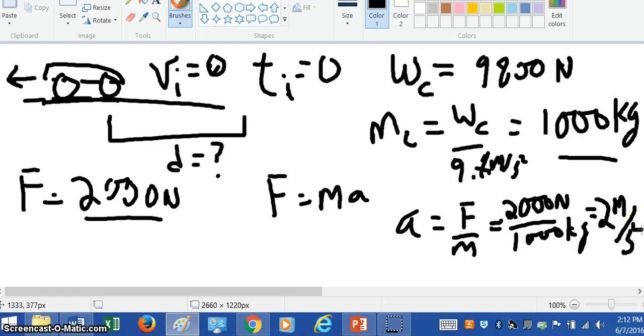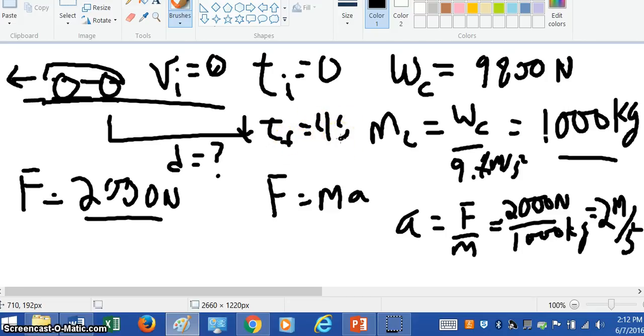So now that we know the acceleration, let's say that the car accelerates for a time where when it gets to this point right here, the final position, let's say the final time is, I don't know, how about 4 seconds.